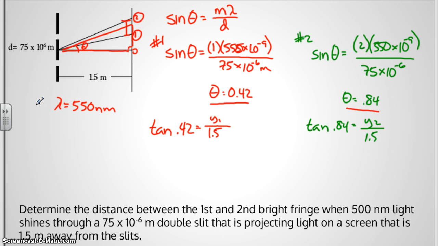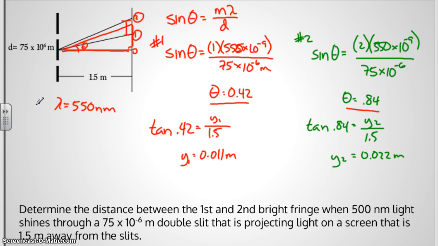I would solve out my two numbers, and I would see that I get y1 equaling 0.011 meters. And I would do the same thing with algebra and get 0.022 meters.